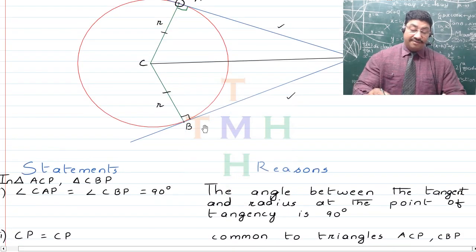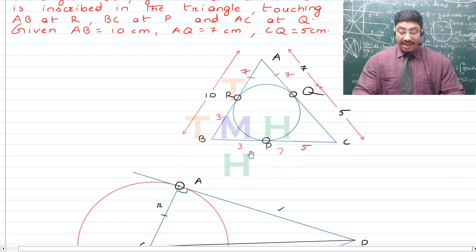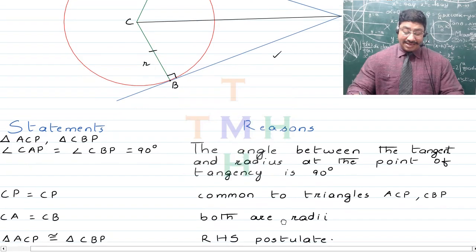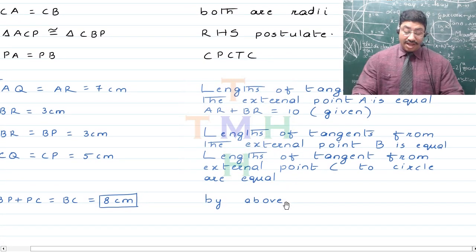Okay, now children, after this we talk about the last part, where as we have BP now to be equal to 3 and CQ which is equal to 5, so obviously CP will also become equal to 5 due to the same reason, that is a length of tangent drawn from an external point to a circle are equal.